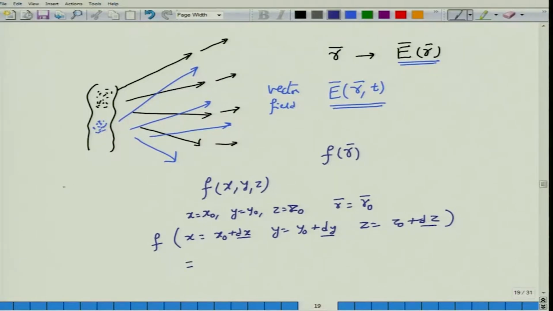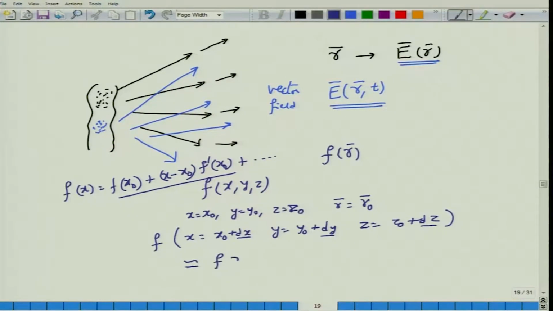So, f of x is given by f of x0 plus x minus x0 into f prime of x0 plus and so on. If I retain only the first two terms, then I know how to write f at x naught plus dx, y naught plus dy, z naught plus dz, approximating with only the first term of the Taylor series.